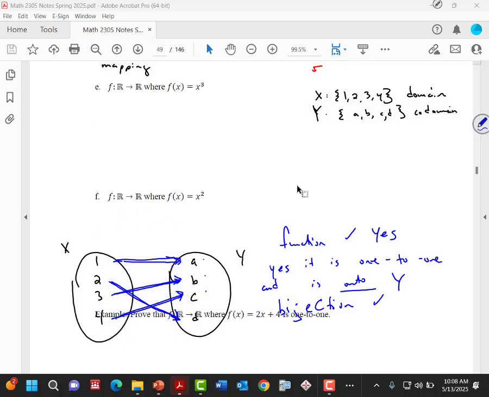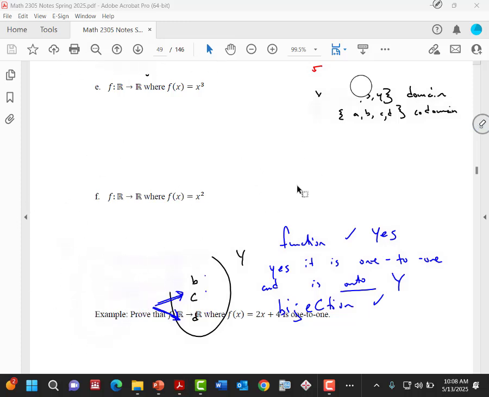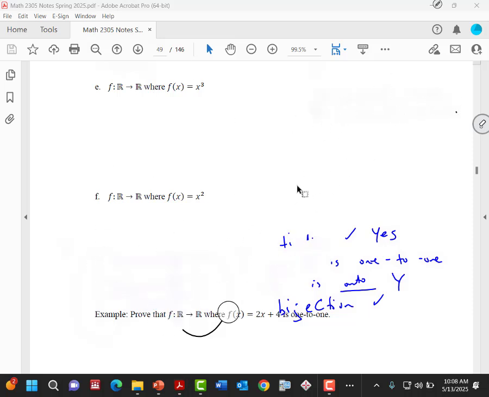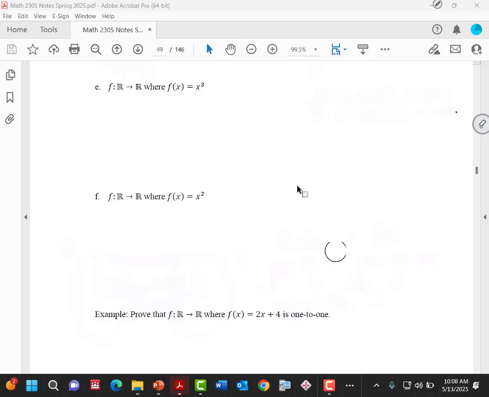Okay, let us slide down and take a look at E and F, over on the next page. Let's say I have a function mapping real numbers to real numbers, so my domain is the set of reals, my codomain is the set of reals, where f of x equals x cubed.